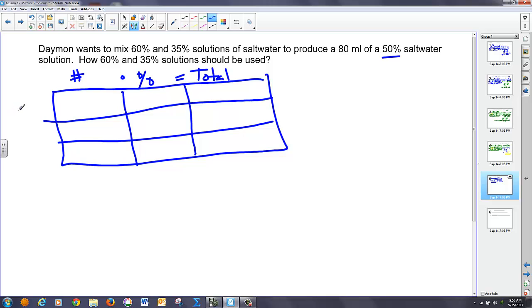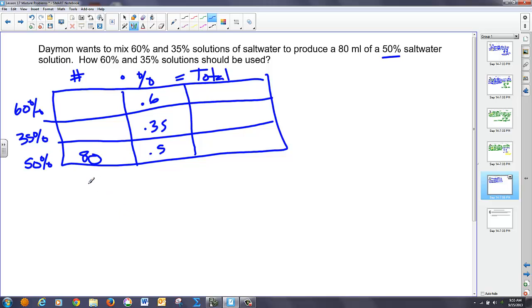We're combining 60% to 35% in order to get a stronger 50% solution. Once again, percentage for each are given to us. And it said he wants to mix quantities of each amount to get 80 milliliters of this 50% solution. So in the end, I have 80.